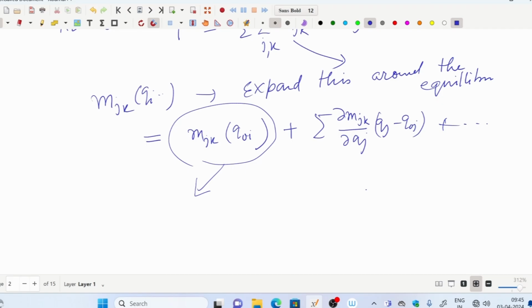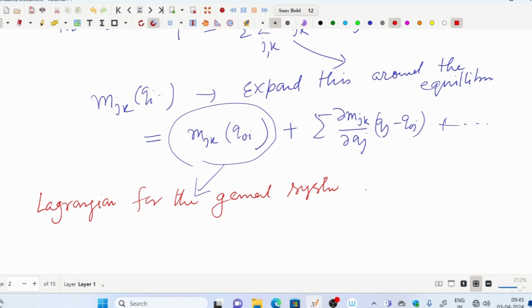Now we write the Lagrangian for the general system we are considering.